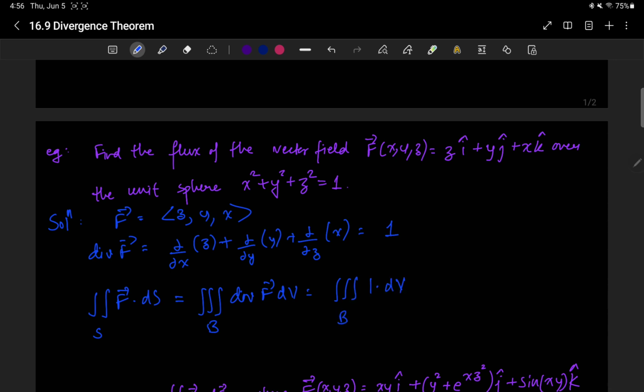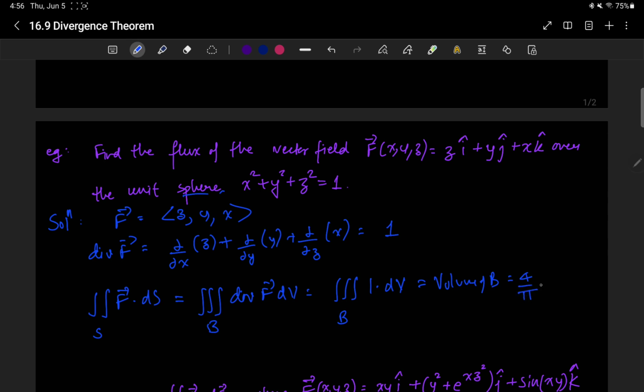And what do we know from triple integrals is, if I'm taking the triple integral over a region, and the function itself is constant, it means it's a uniform density scenario, then this is just the volume of B. But what is this B? B is a sphere.